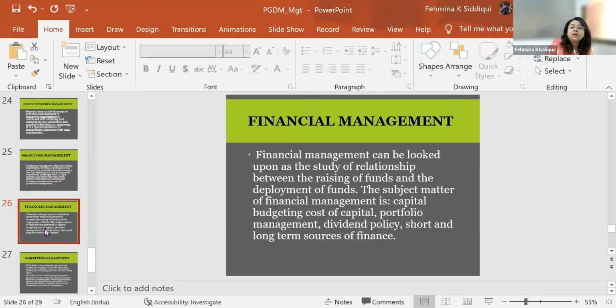And next comes, I'm just discussing the important ones, financial management. What is financial management? Again, as I told you earlier, you should have knowledge about all the departments. Even if you're not joining the financial department, or you're not joining as a finance person, it is still expected as a manager that you should have knowledge about budgeting.